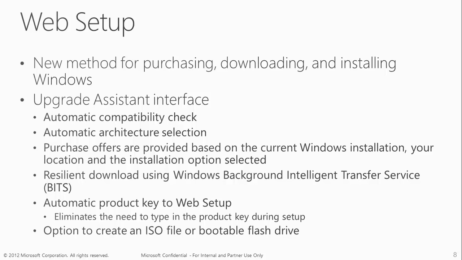Now with web setup, you can just download the small Upgrade Assistant interface directly from the Windows 8 download page, and then this interface will guide you through all the steps to get Windows 8 and get it installed. There are a few other benefits to using this method. Upgrade Assistant includes a compatibility check.